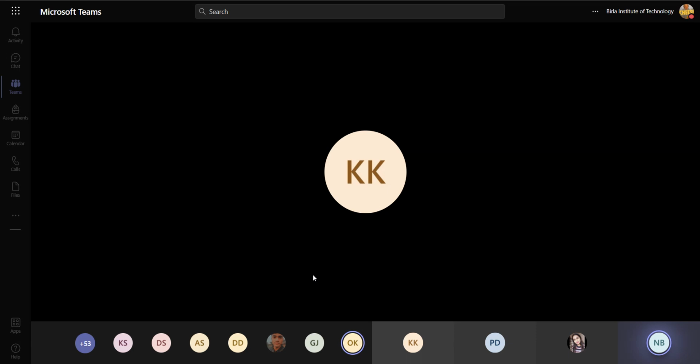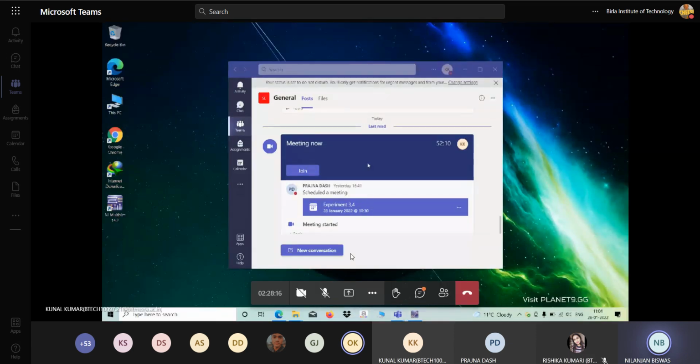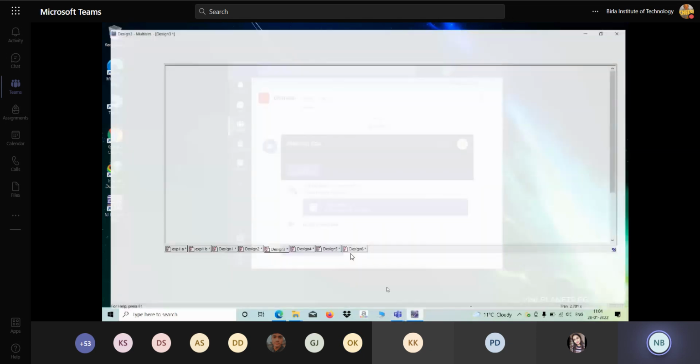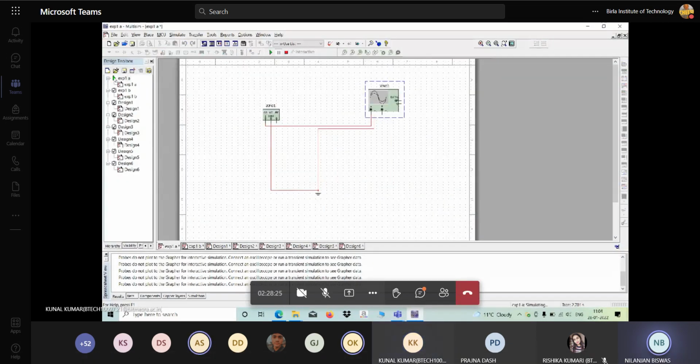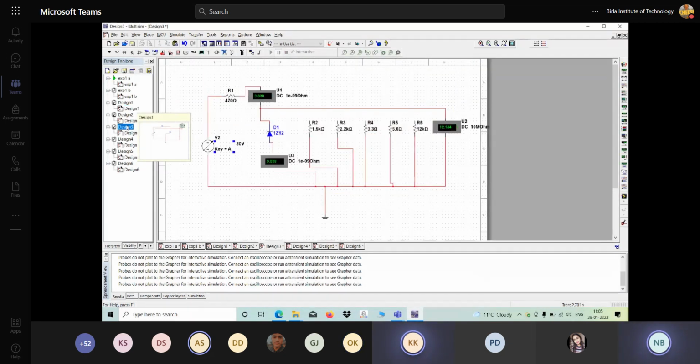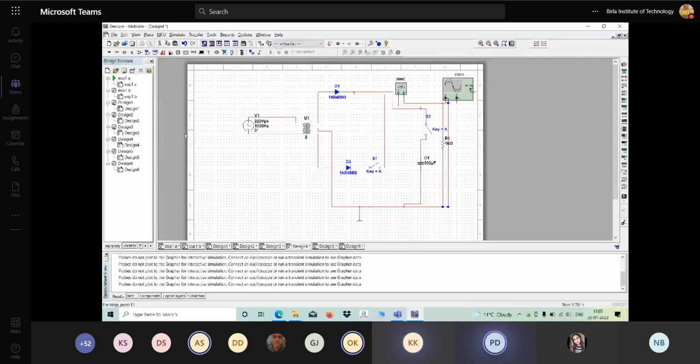Yeah, Kunal, you did not complete that part. Which experiment? 3, 4. This one is the third experiment. Now it is visible. And the fourth one? This one is fourth.